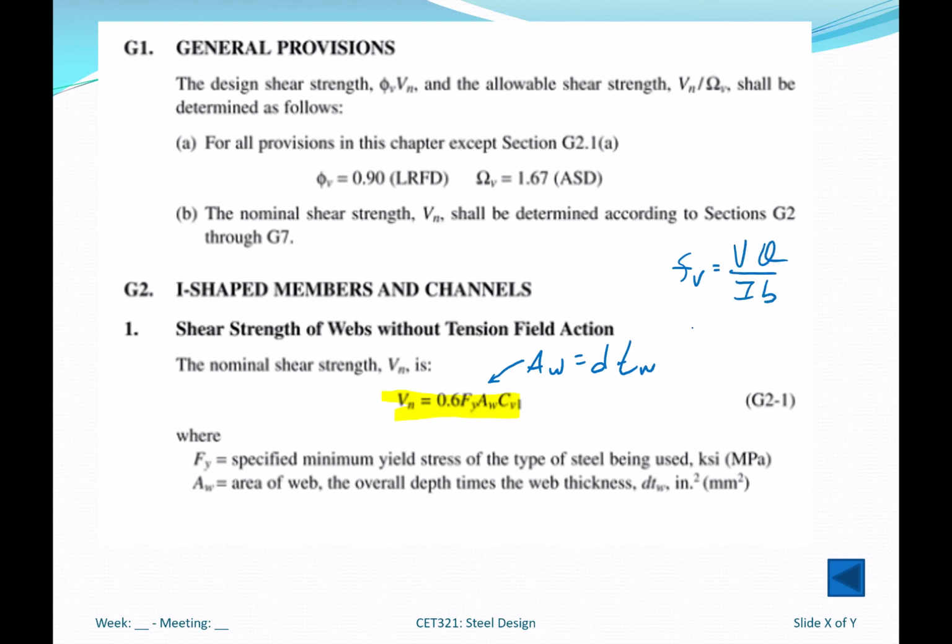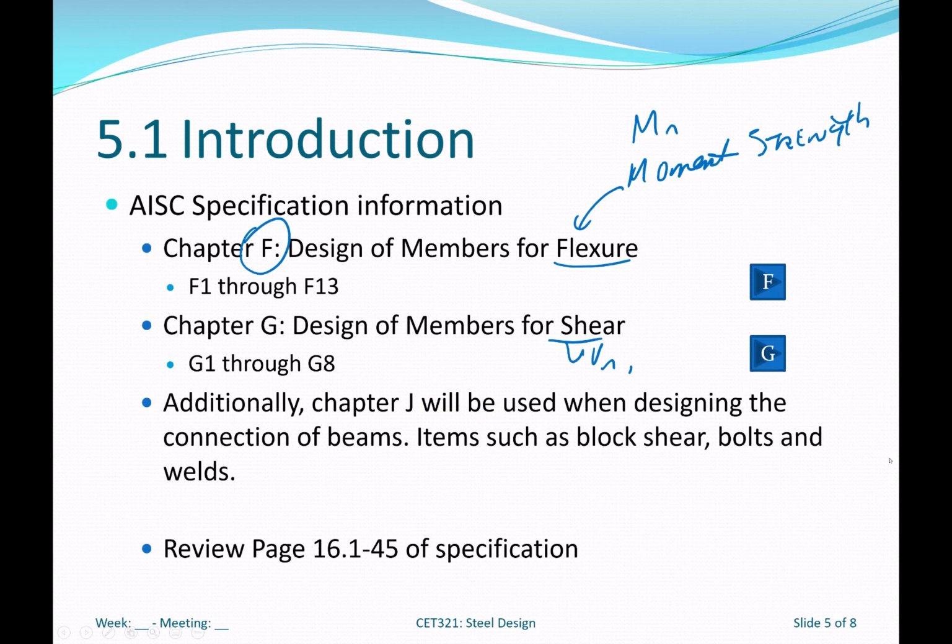But then we also hopefully recall that shear stress for steel beams, we can take shear divided by area of the web, and we're going to see that in action right here. Again, we will dabble in chapter J for connection type items.